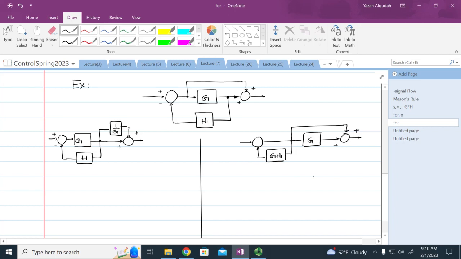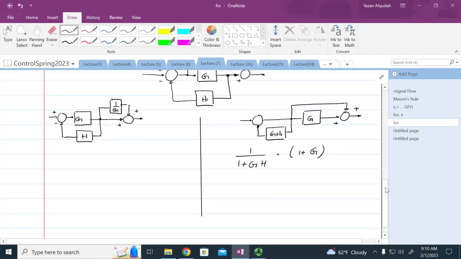What is the transfer function here? 1 over G1 multiplied by H1 multiplied by 1 plus G1. What is the transfer function here? G1 over 1 plus G1.